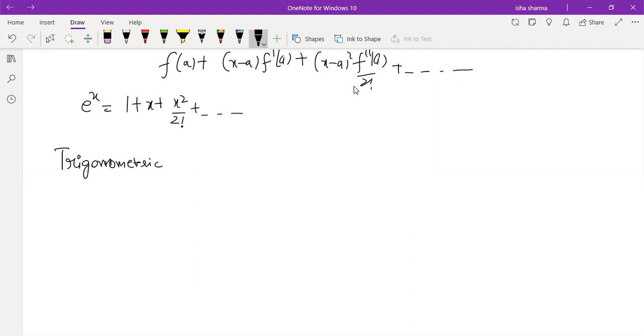firstly, before giving you the definition of Fourier series, we should know what a trigonometric series is.